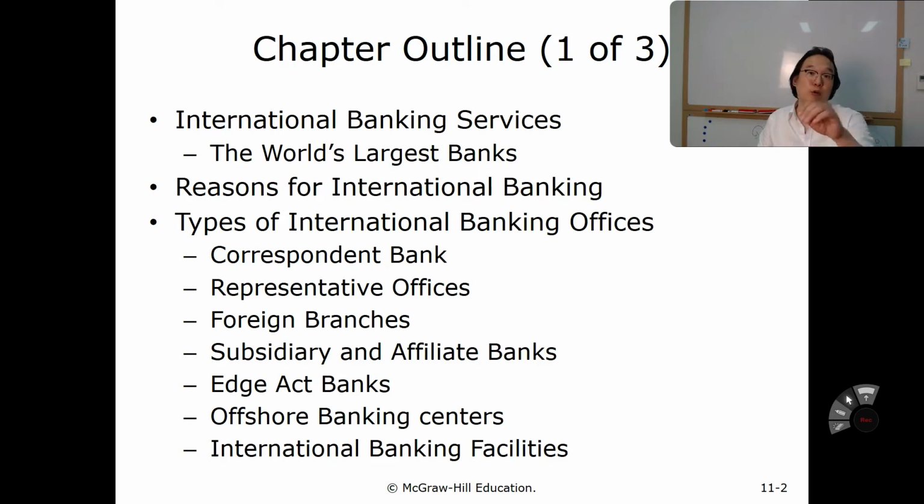We talked about core banking before, right? But rep office, and then foreign branches, and subsidiary and affiliate banks, and Edge banks, which is more like a US regulation based one. So not too much relevant for the Korean situation, but anyway, offshore banking centers and then international banking facilities, all these kind of concepts will be discussed.